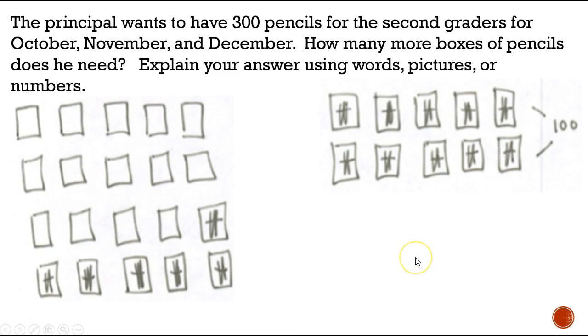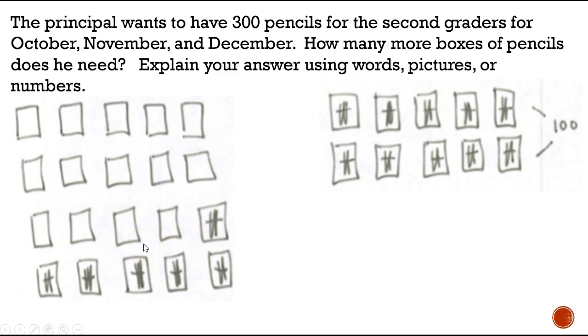What I could also do is I could say, well, there's 10 tens in 100. So here's a group of 100. And then I had 4 here. So how many more boxes of 10 would I need to get from 4 to 10?